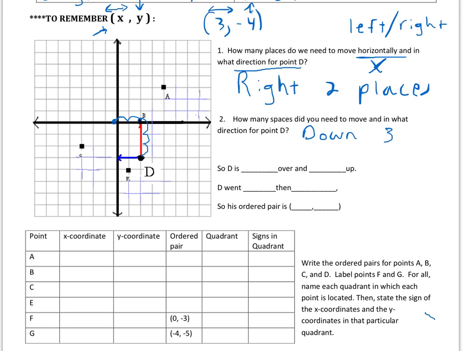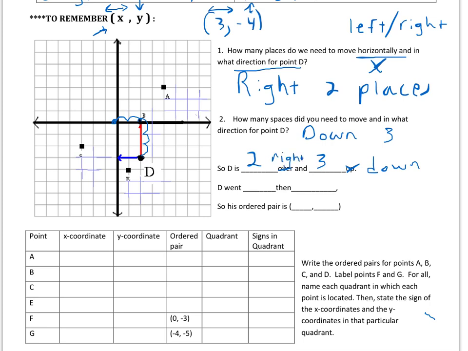So D is 2 over and 3, and I think that's a typo, it should say down. So point D is 2 right and 3 down.